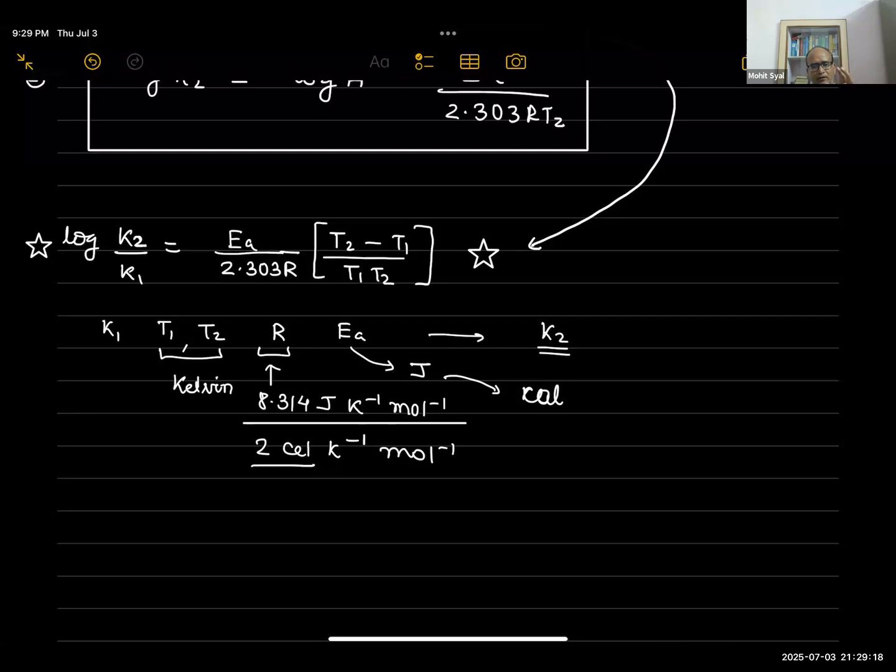Activation energy is normally given in kilojoules per mole. Convert it to joules per mole by multiplying it by 1000. Do take care of this thing. Is it clear? So be careful about it.